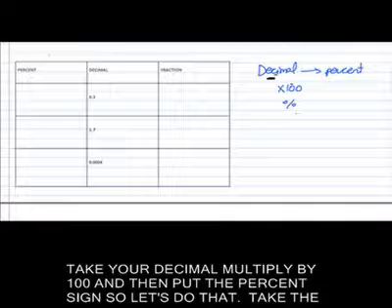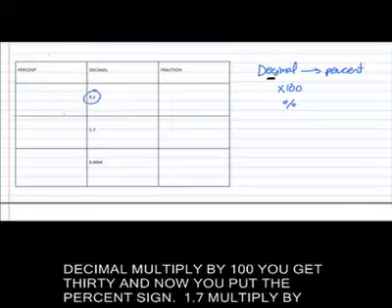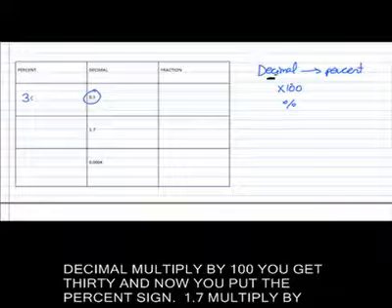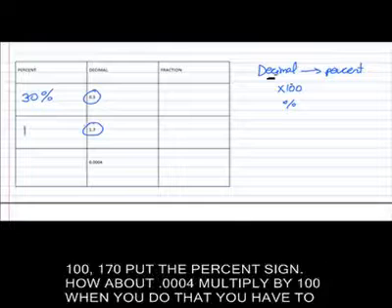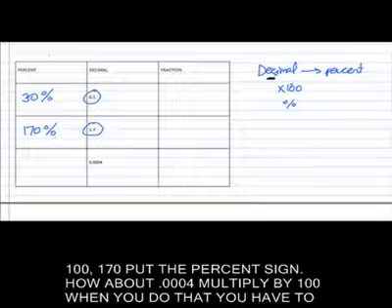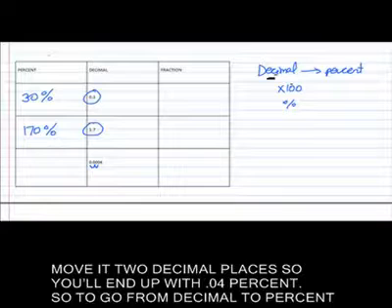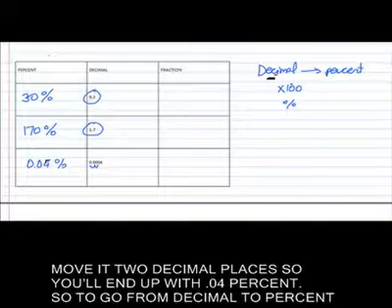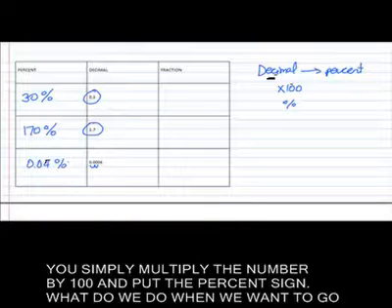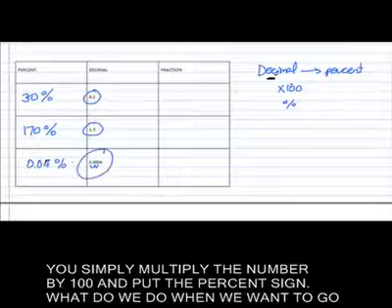Take the decimal, multiply by 100, you get 30, and then you put the percent sign. 1.7, multiply by 100, 170, put the percent sign. How about 0.0004, multiply by 100? You have to move it 2 decimal places, so you'll end up with 0.04%. So to go from decimal to percent, you simply multiply the number by 100 and put the percent sign.